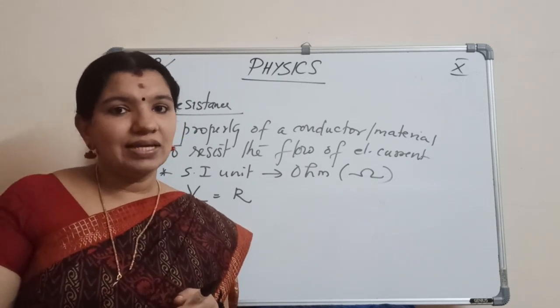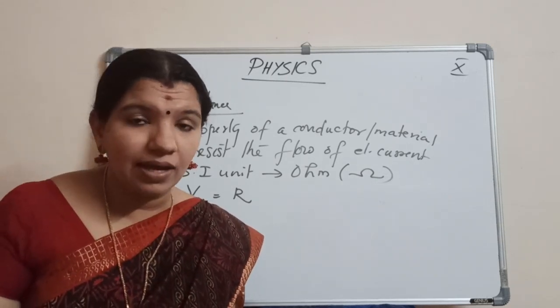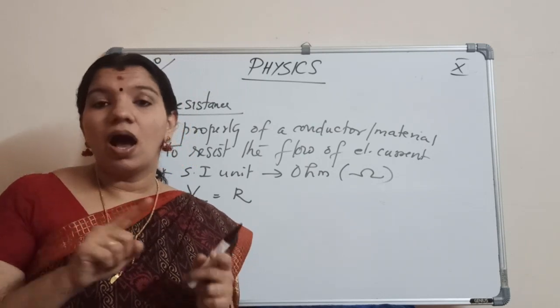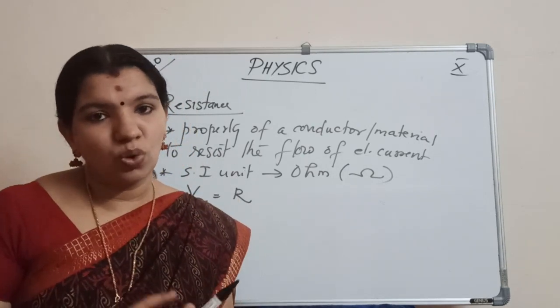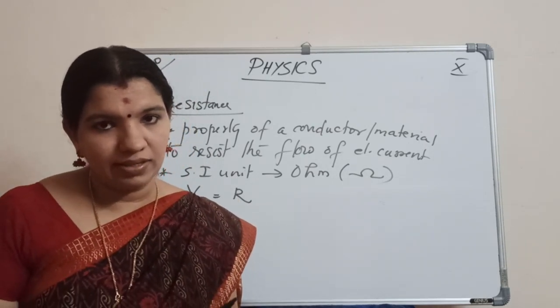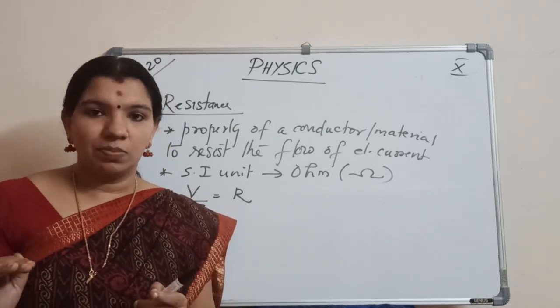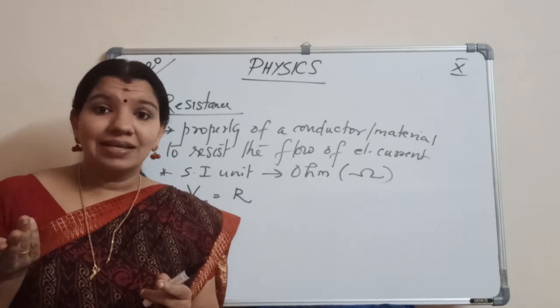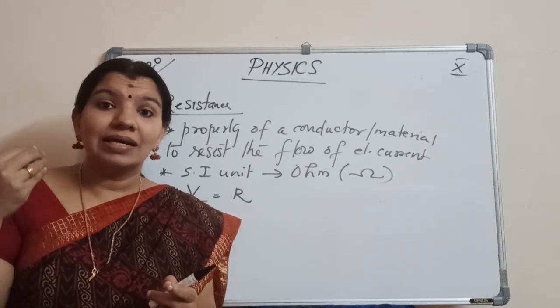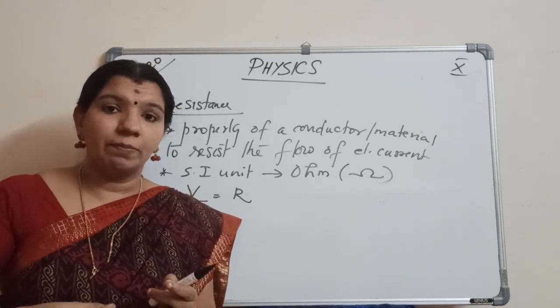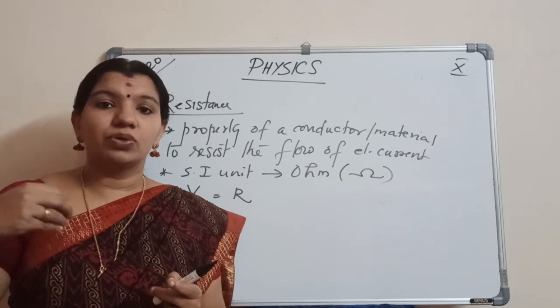And that device should be in such a way that it should not disturb our main voltage source in the circuit. Understand? That means when we are doing experiments, there will be chances like you want to increase the current from 2 ampere to 3 ampere, 3 ampere to 4 ampere.